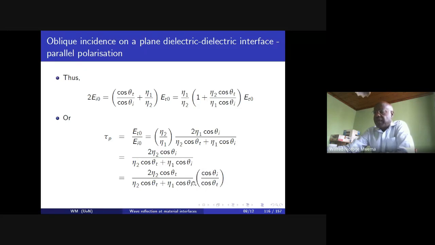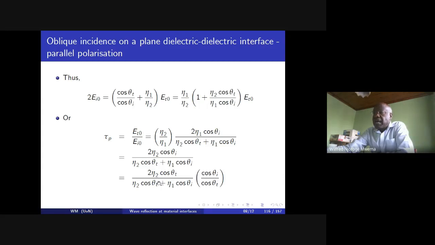And therefore, what will happen is that we have an effective impedance for medium 2 and an effective impedance for medium 1. And then we can see that this is exactly the transmission coefficient at normal incidence that we got, as long as we replace the intrinsic impedance of the media by these corrected values here.